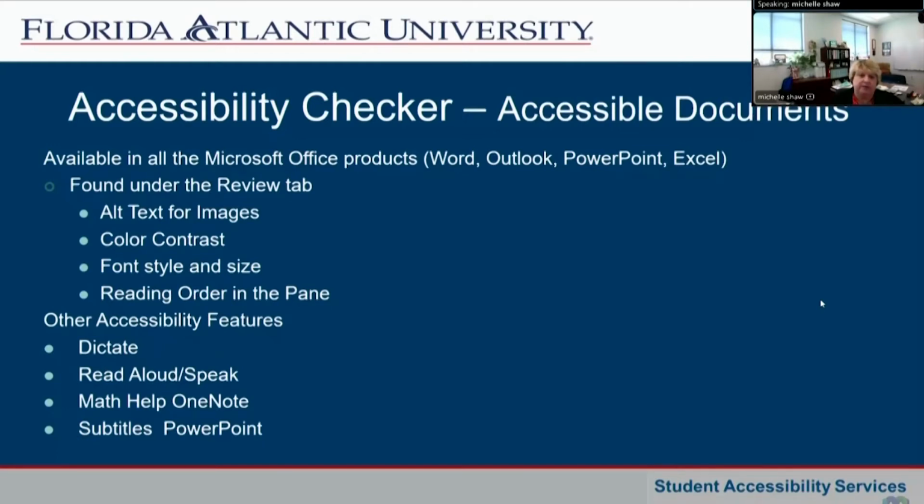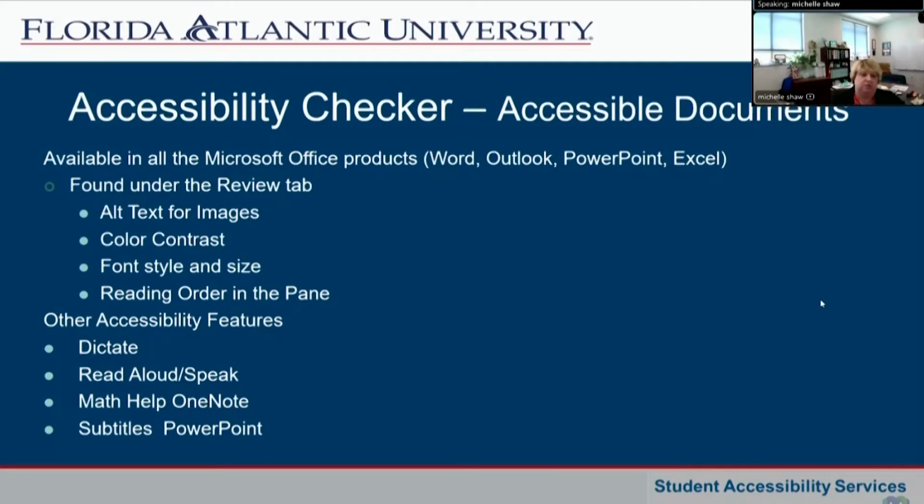Their goal is to make sure their products are fully accessible, and they hire a ton of individuals with disabilities on their teams. This past year, they introduced the accessibility checker, which is available in Word, Outlook, PowerPoint, and Excel. It helps guide you on how to make an accessible document.